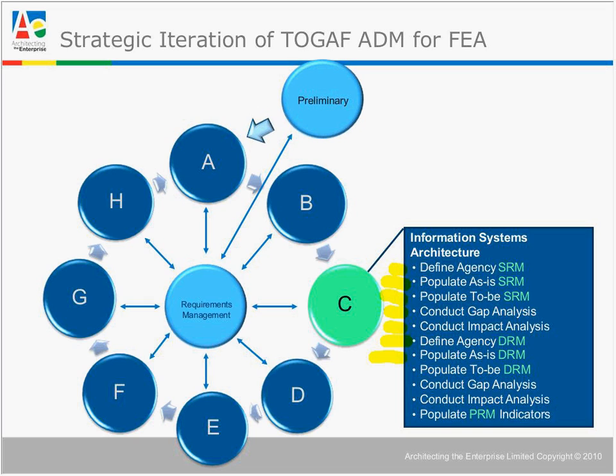Populate a to-be DRM, conduct gap analysis, and conduct an impact analysis, and then finally populate the PRM indicators. You actually define those indicators in phase B. Now you are going to populate those indicators.